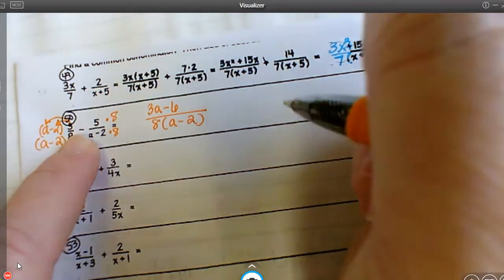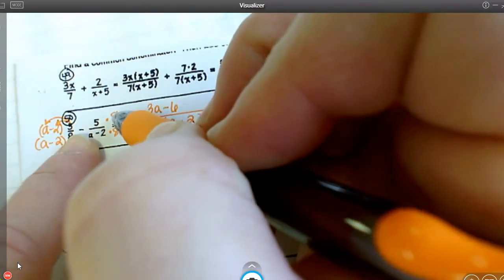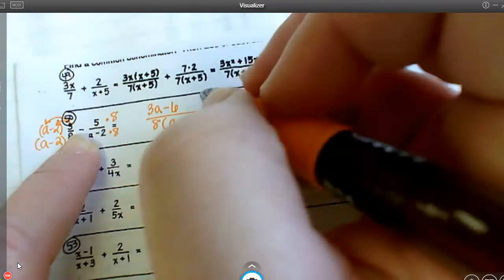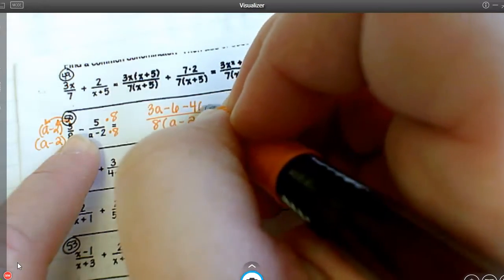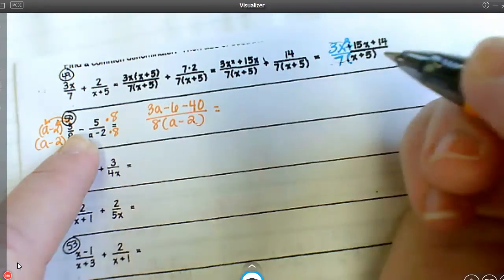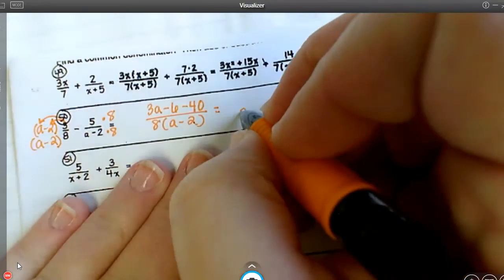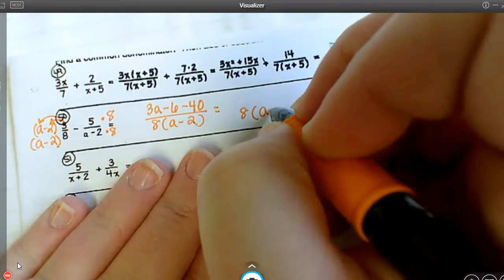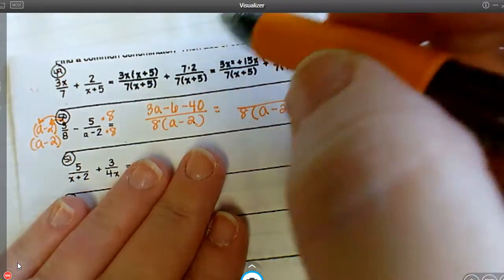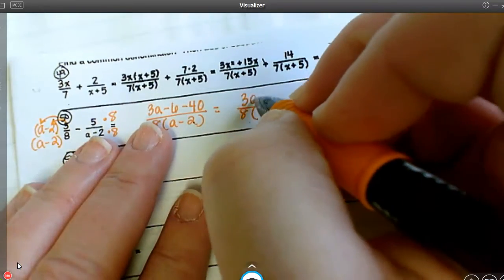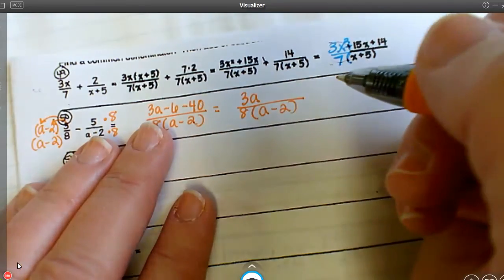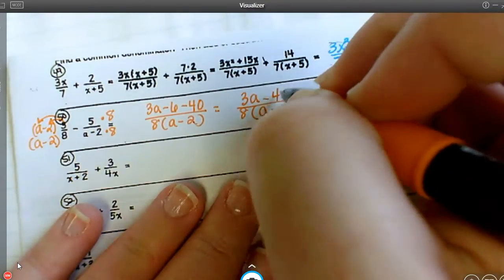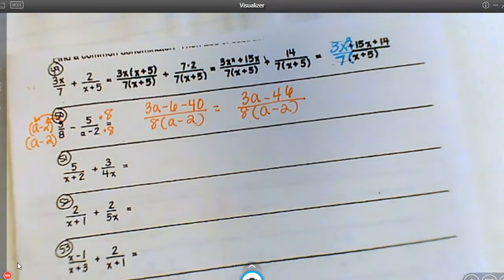And then we're minusing whatever we get when we do 5 times 8. 5 times 8 is 40, so we're going to subtract 40. Alright, the bottom is going to stay 8, and then a minus 2. The top, there's being 3a, but then you combine that negative 6 and negative 40, and make it negative 46.